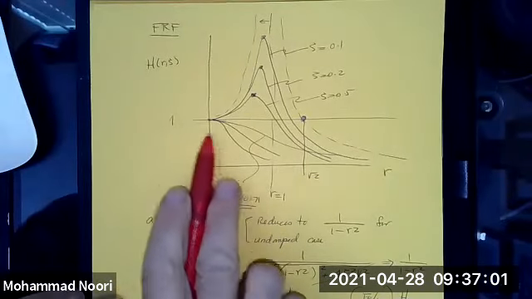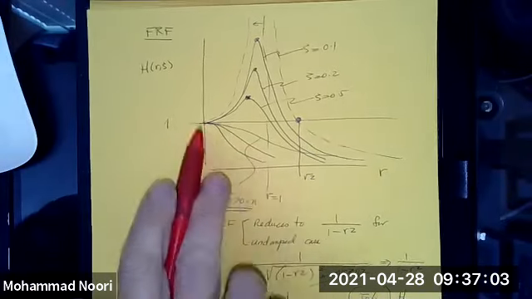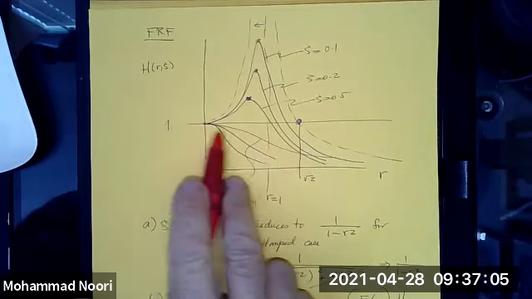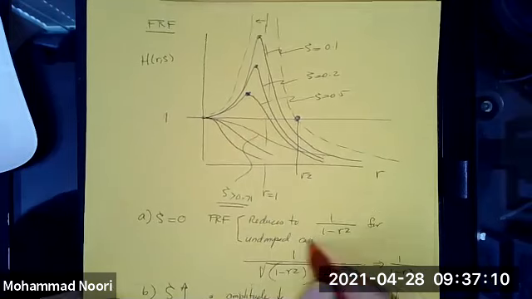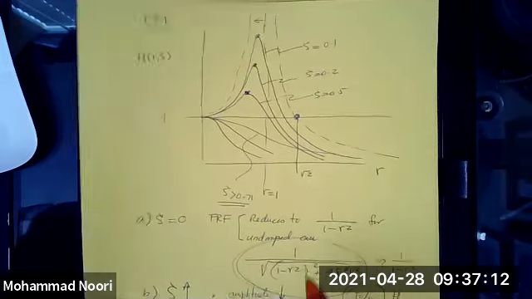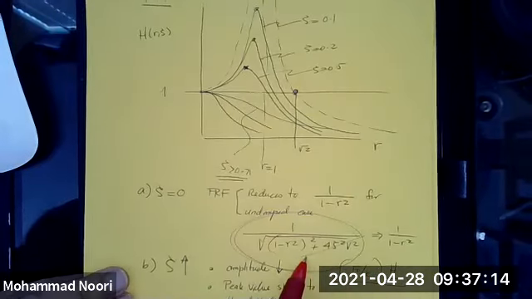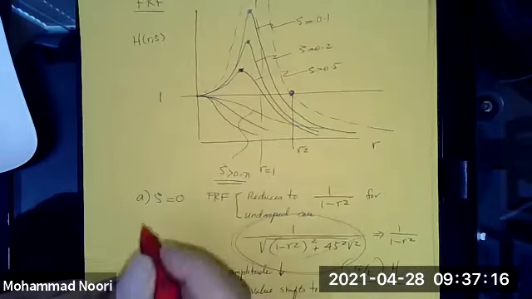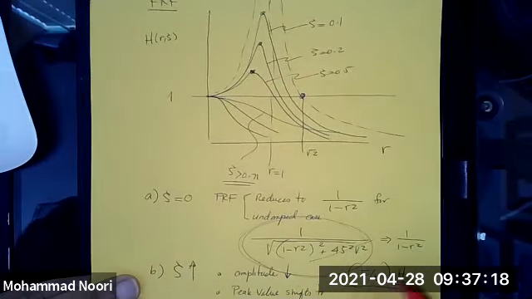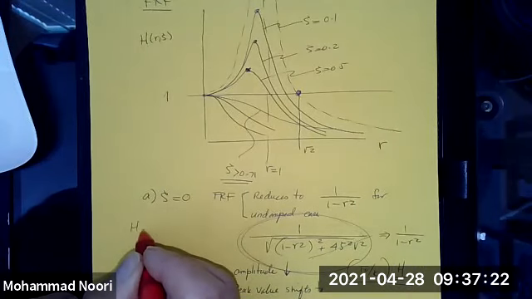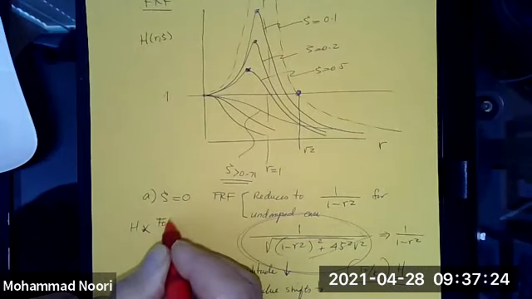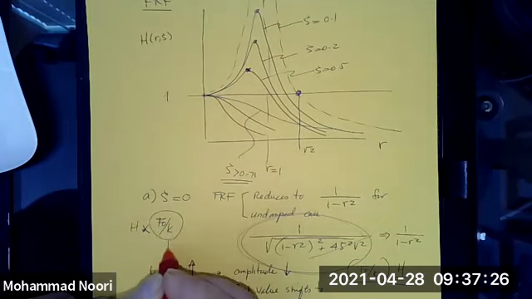You see that if the zeta is greater than 0.7, these curves always fall below this line. That means the amplification factor, which is this function, is always less than 1. So the maximum displacement of the system under harmonic load is this H times F0 over K, which is the corresponding static displacement.